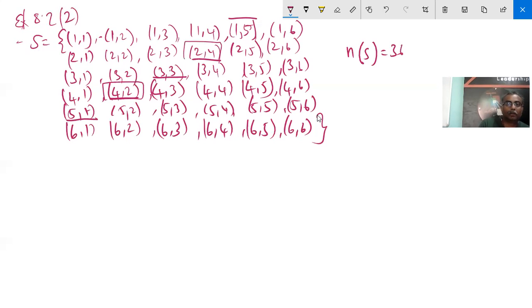Now what we have to do? The sample space, how to say that, I'm trying to work out now.